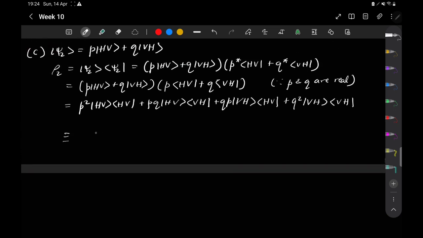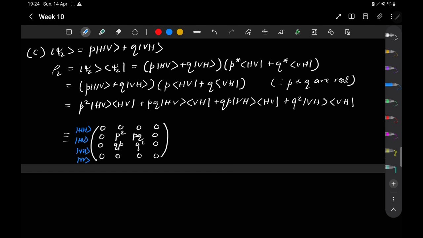And this in the matrix form will be given as follows. And again, the order of the bases is the same as previous. So that's the order.